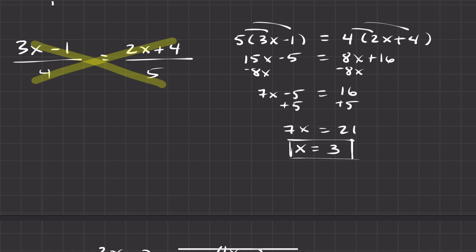Okay, and the question you might be wondering is, why do I have to put parentheses? Why can't I just say 5 times 3x minus 1? Well, when you're multiplying, if I say 5 times the quantity 6 minus 2, I really mean that I'm talking about this one number here.